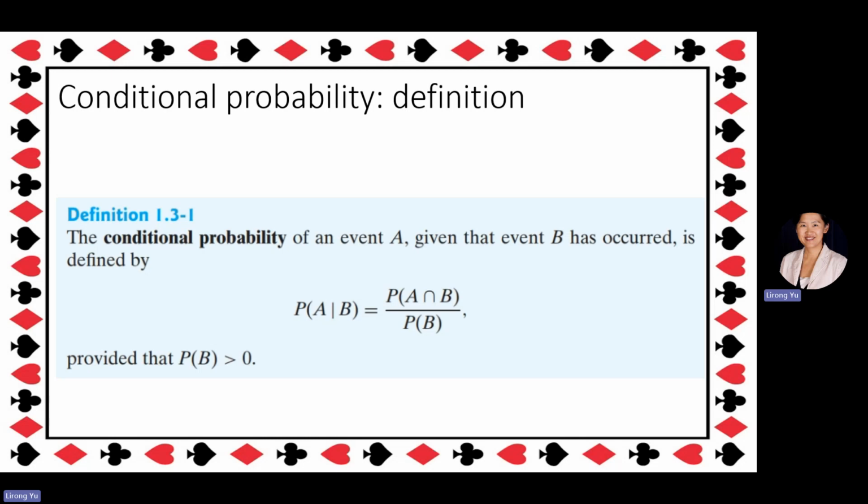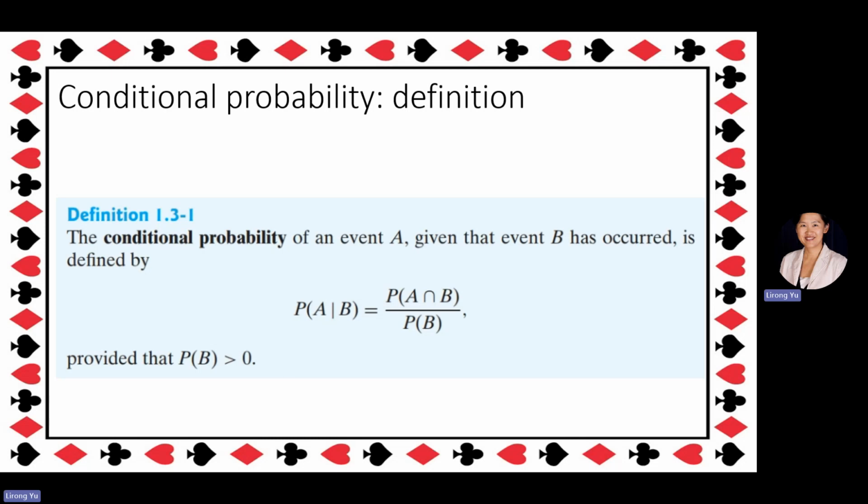This is assuming A and B have an intersection. If B and A are mutually exclusive, then this conditional probability will be 0. So this conditional probability can only be useful if A and B overlap. And in that overlapping part, you want to see the size of the overlap. Now, if A is inside B, then this will be 100%. That is, if B happens, A is absolutely going to happen, so this is equal to 1.